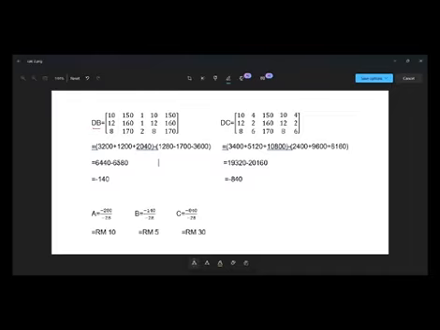So next step we will find the determinant B. Same as before, but we will change the second column with our answer. And then we will copy back the first and the second row.